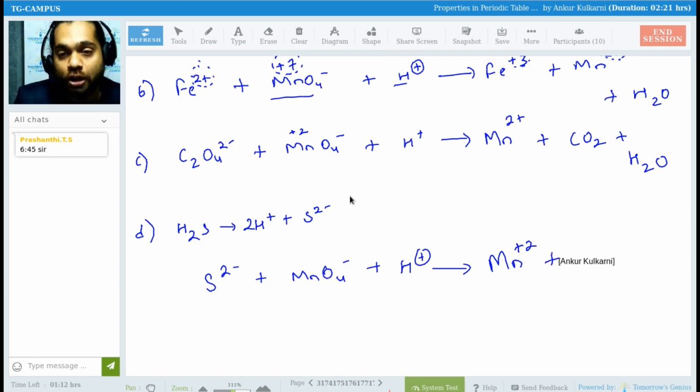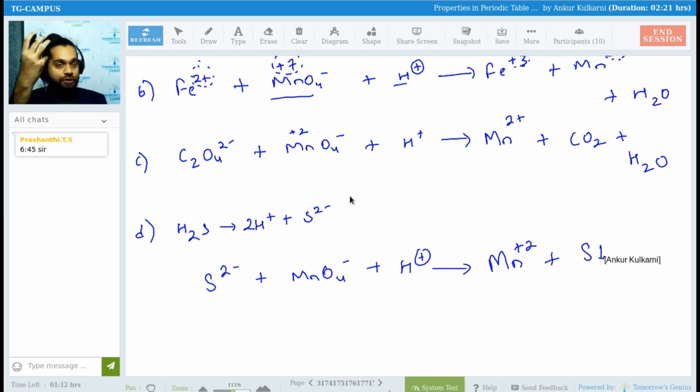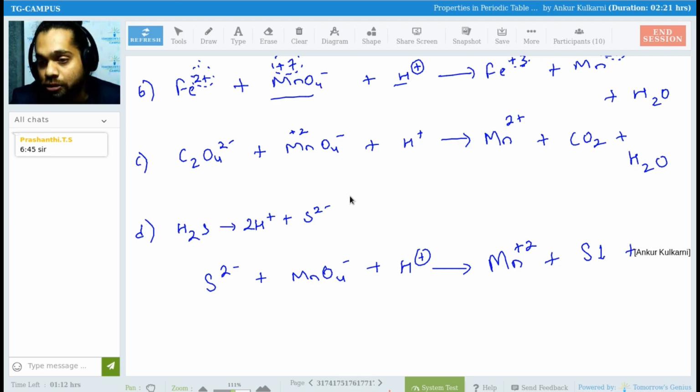S2 minus will get oxidized to give you the sulfur precipitate. Your solid sulfur will form, and your H plus again will give water.